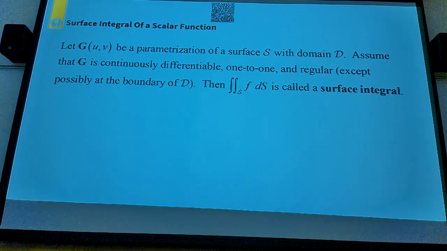Notice our differential. It's not an area differential, it's a surface differential.